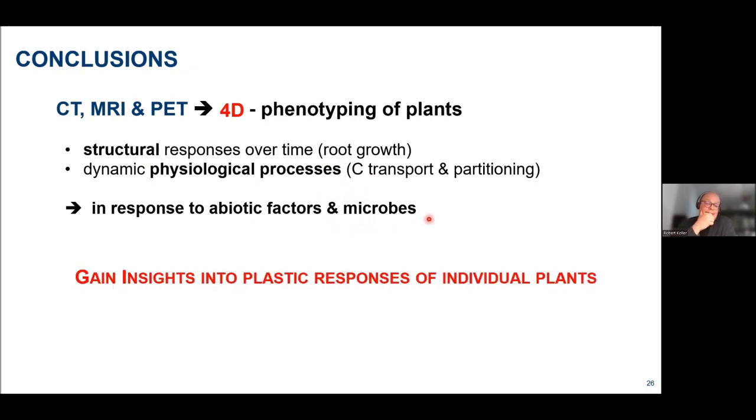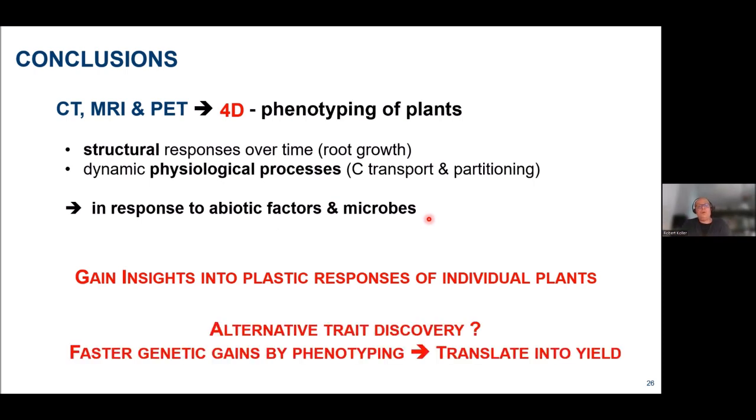And this gives us a lot of information on the plastic response of individual plants, how they respond on a short time span within a root system, for example. And we hope that this gives us the opportunity for alternative trait discovery and then also faster genetic gains by phenotyping to translate this into yield.